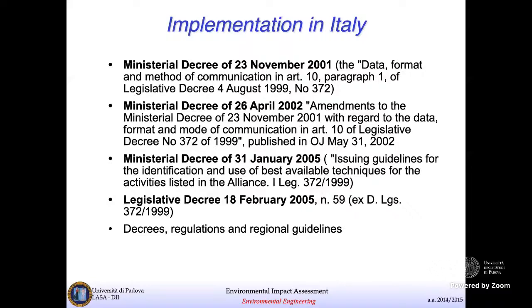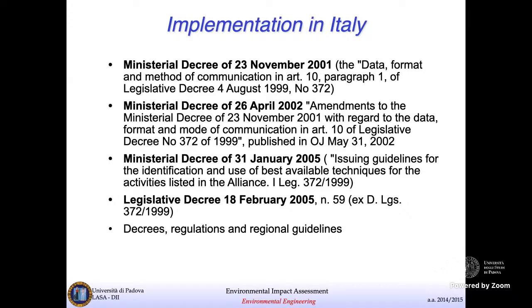How was this directive implemented in Italy? I remind you the directive is from 1996. It was implemented in Italy in 2001 by a ministerial decree. Data, format, and method of communication in Article 10, Paragraph 1 of the legislative decree of 4 August 1999.